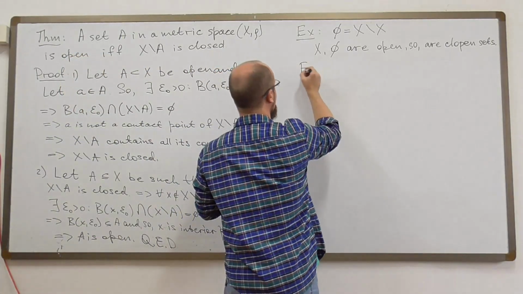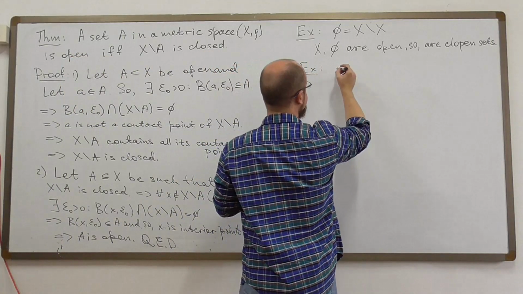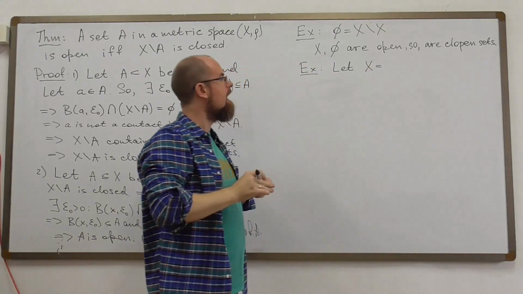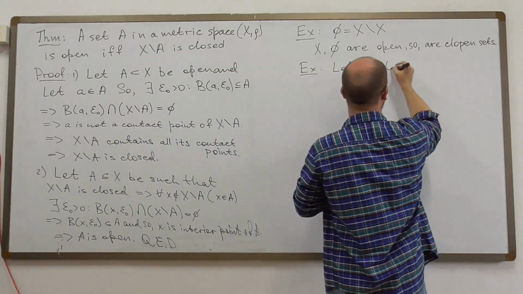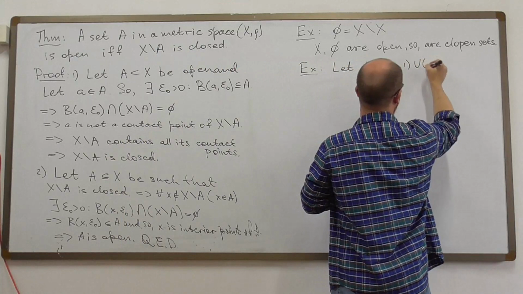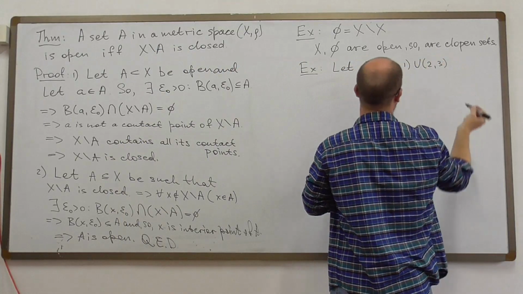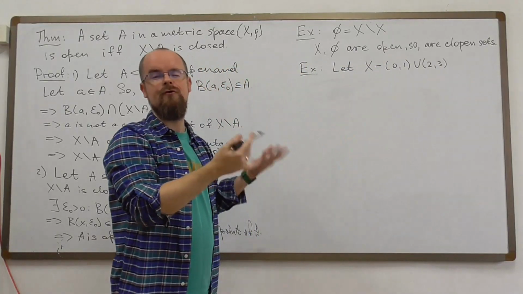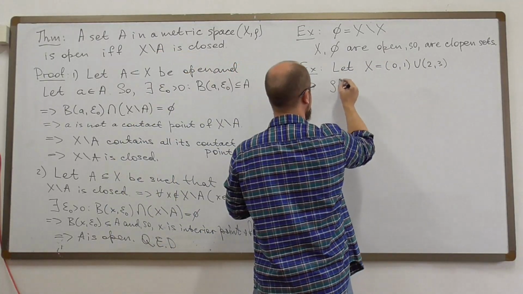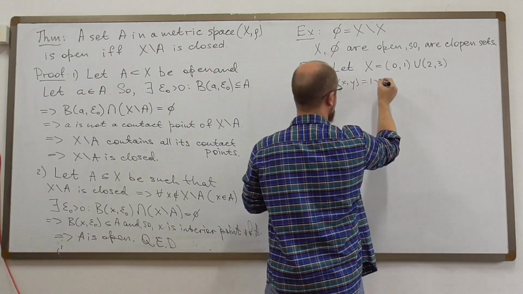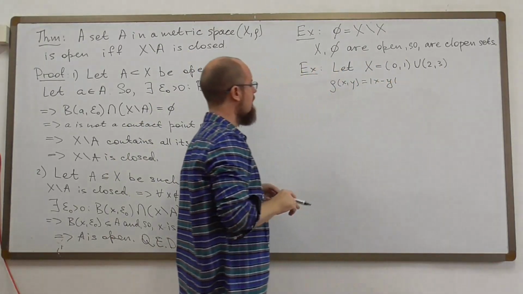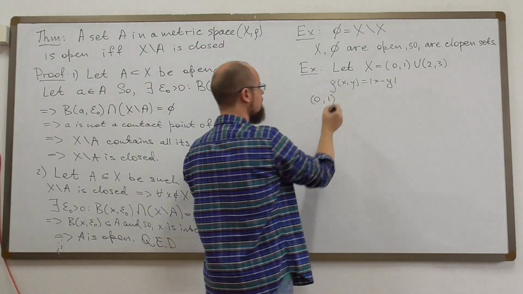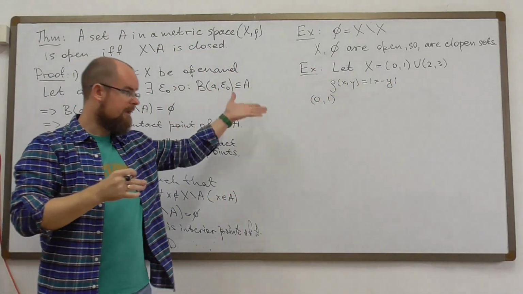Let's consider another example. Let our set be the union of two intervals, (0, 1) and (2, 3), on the real line, and the metric will be the usual metric on the real line. Then, what can we say about the set (0, 1)? It is open.